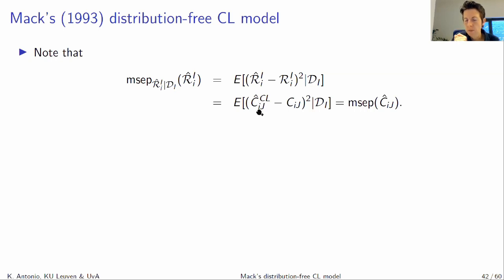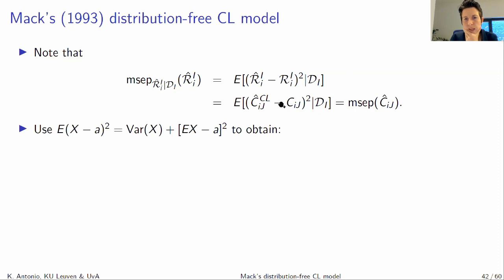If I would write that down, then you immediately see that these terms cancel out, and that the mean squared error of prediction at the level of the outstanding reserve should be the same as at the level of the cumulative claim amount. If you take this expression for the RI, it's going to be this guy minus a constant, and here it's going to be this guy minus the same constant. So these two constants cancel out, and the mean squared error of predictions are the same, whether you write them in terms of the outstanding reserve or in terms of the ultimate claim amounts.